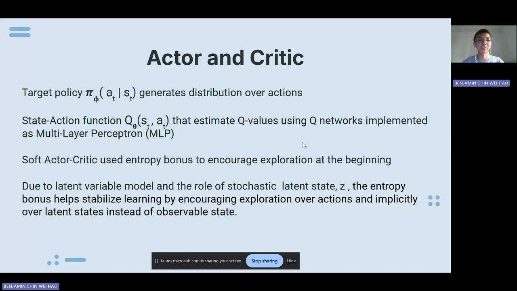So next is the actor and critic. The target policy pi generates the distribution over action, which is performed by the actor, and the state-action function Q estimates the Q value using Q networks implemented as multi-layer perceptrons (MLP), which is performed by the critic. So soft actor-critic uses an entropy bonus to encourage exploration and also stabilize the learning of the model.